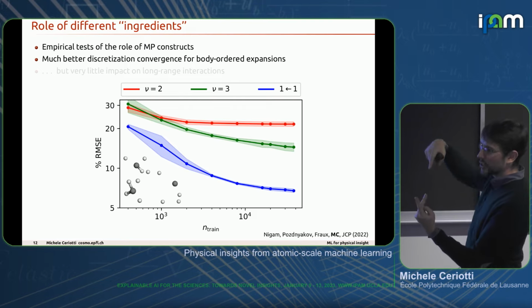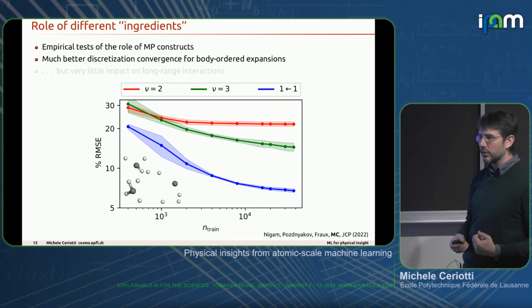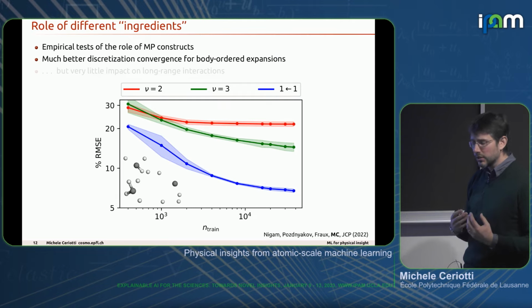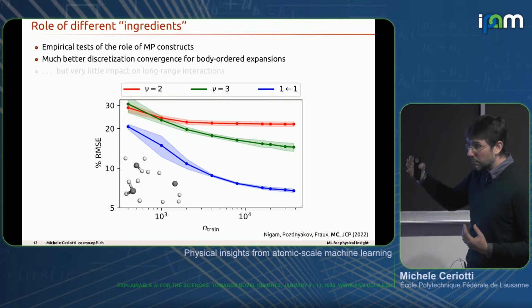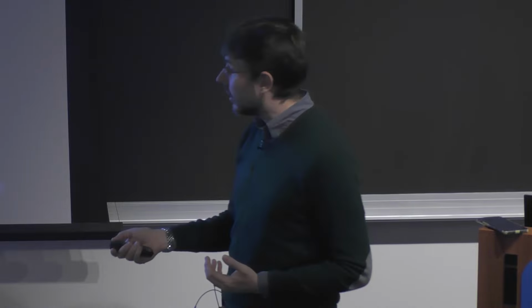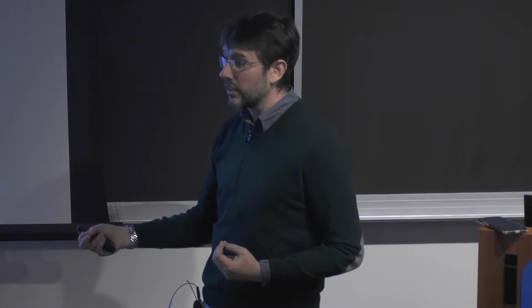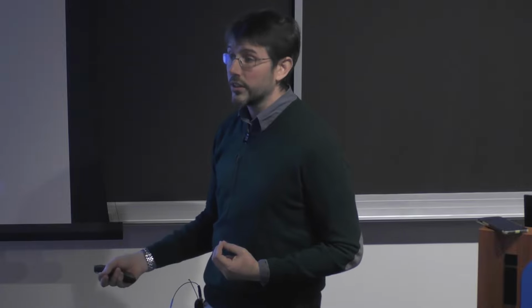Okay, so this is a message passing structure, and this leads to a massive improvement of accuracy, which is very strange, because in the complete basis set limit, these two descriptions provide exactly the same descriptive power. So what this means is that at least for this family of problems, using a message passing construct gives you a much more efficient discretization of your correlations.